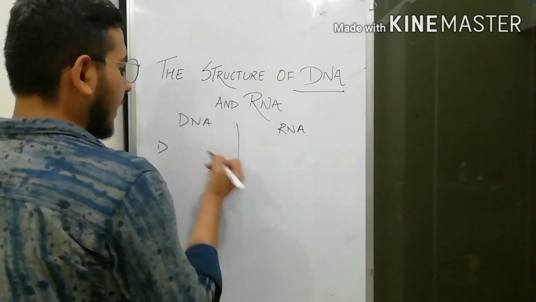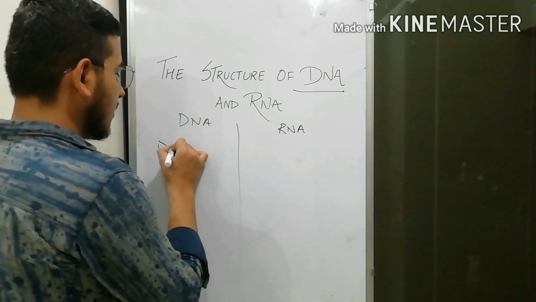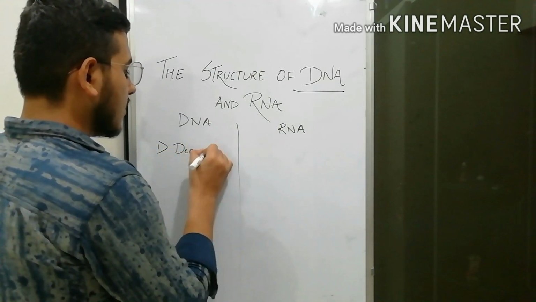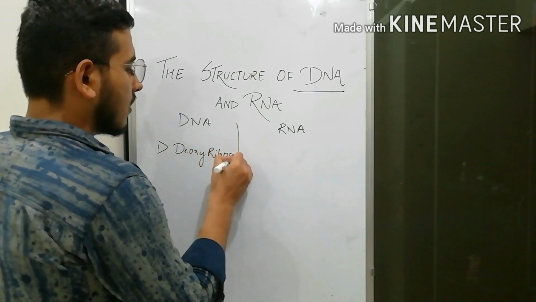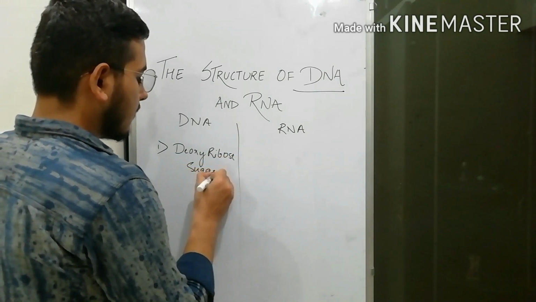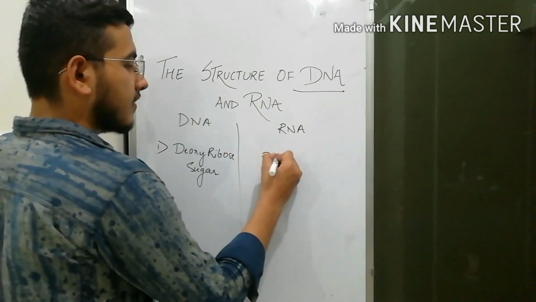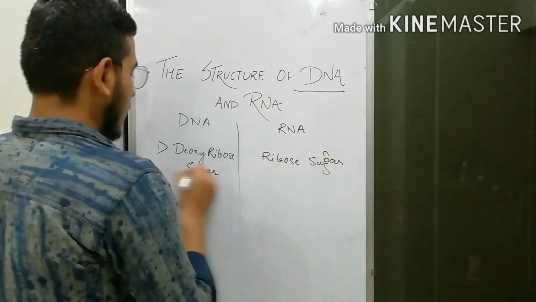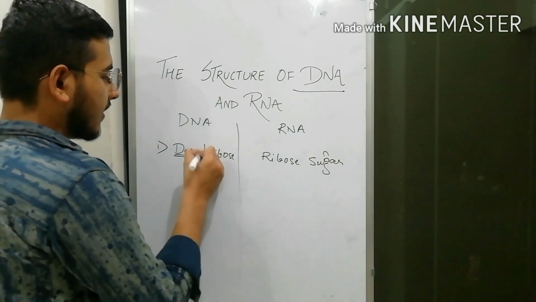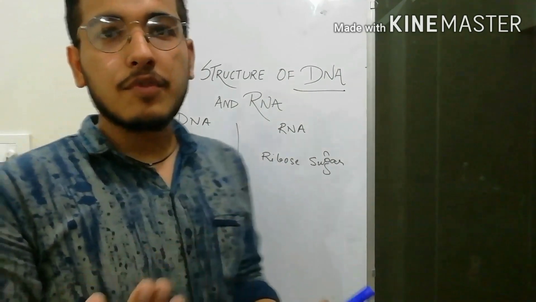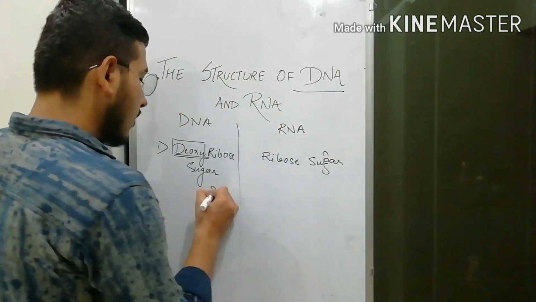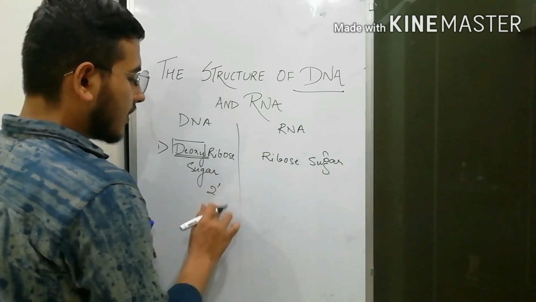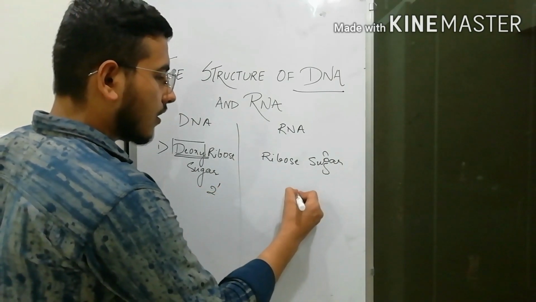First, in DNA there is deoxyribose sugar, and in RNA it is ribose sugar. The difference is that deoxy means the absence of oxygen at the 2' position in the sugar.